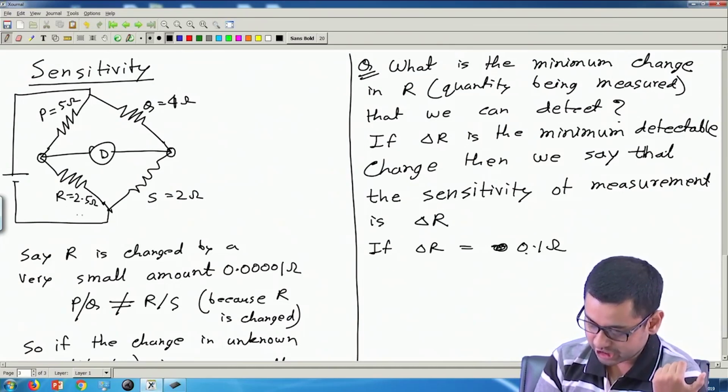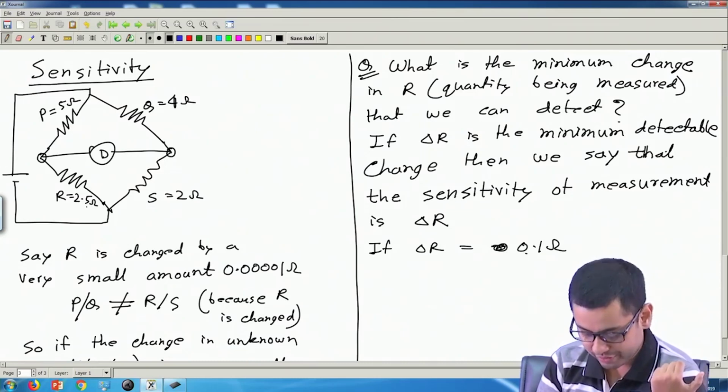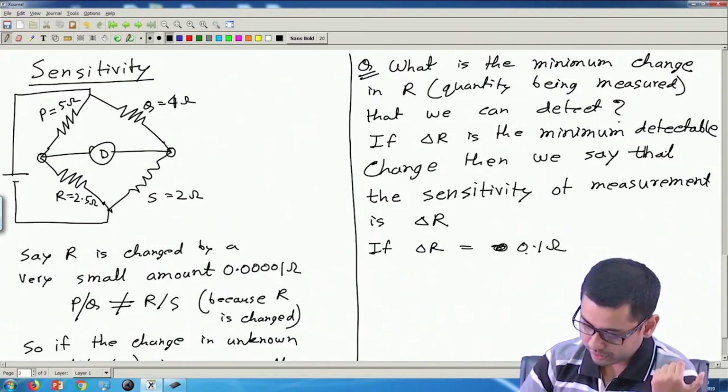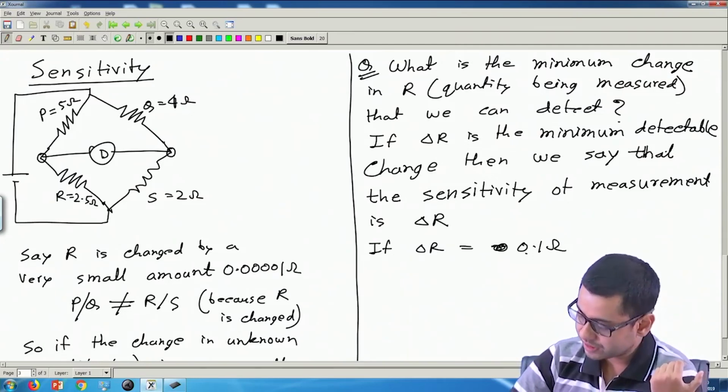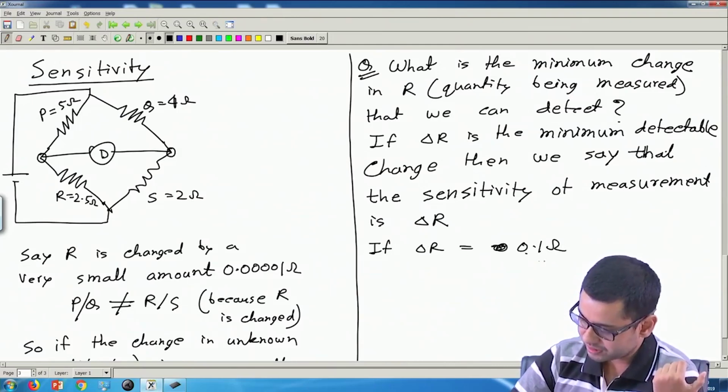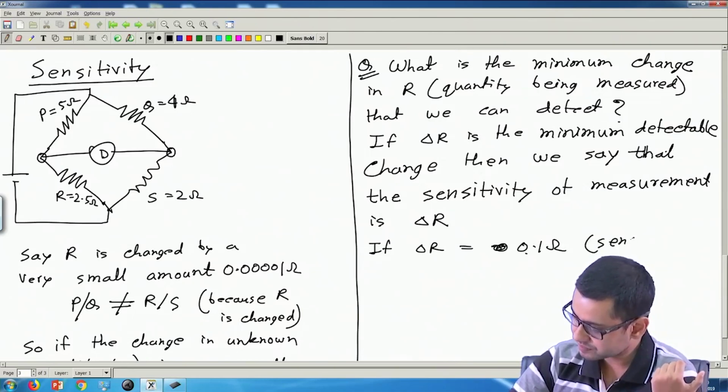So, we can differentiate between R equal to 2.5 and R equal to 2.6, but we will not be able to distinguish between R equal to 2.5 and say 2.55. So, if delta R is 0.1 ohm, this is the minimum detectable change or sensitivity.